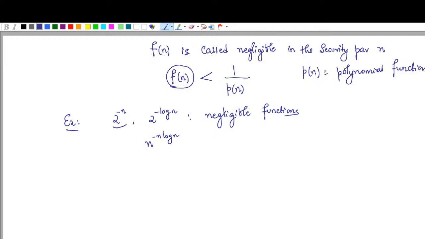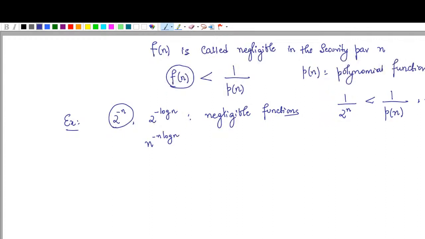So, for instance, let us see why 2 power minus n is a negligible function. If you take 2 power minus n, it is of the form 1 over 2 power n, and asymptotically, if you take any polynomial function p of n, 1 over 2 power n is of course strictly less than 1 over p of n for every polynomial function p of n.